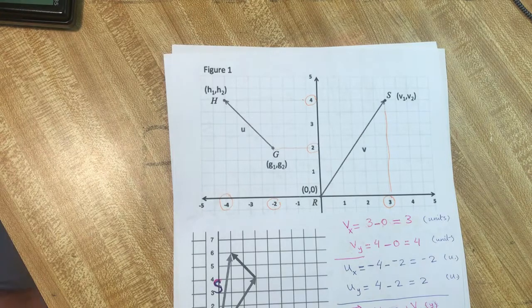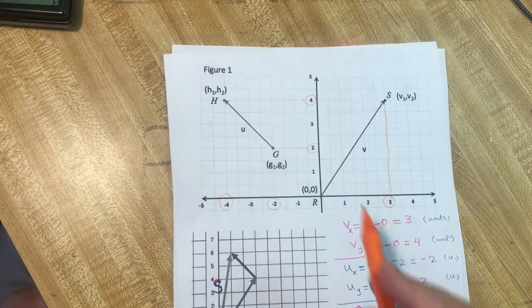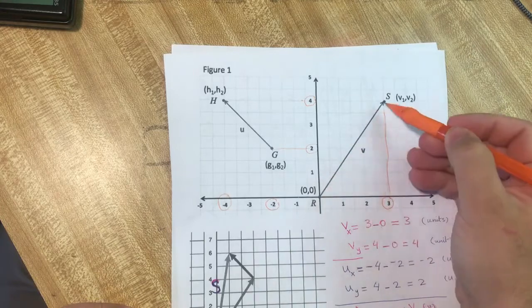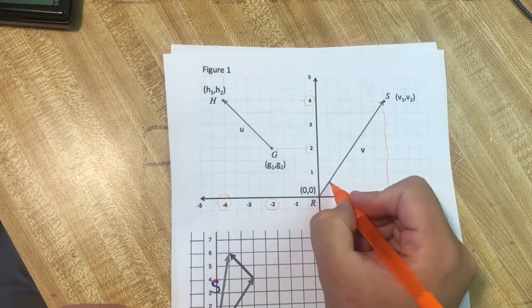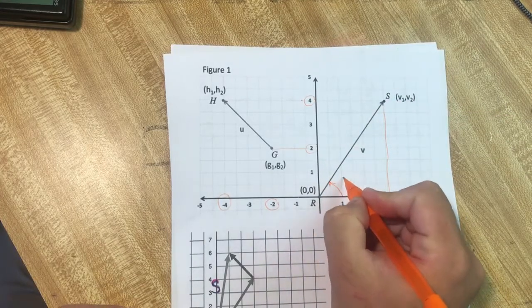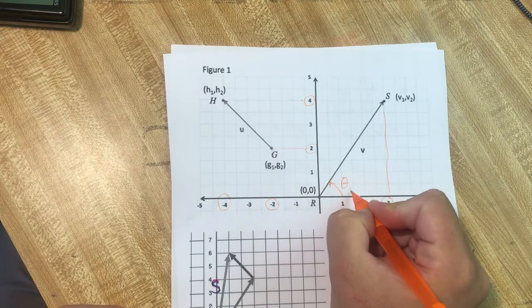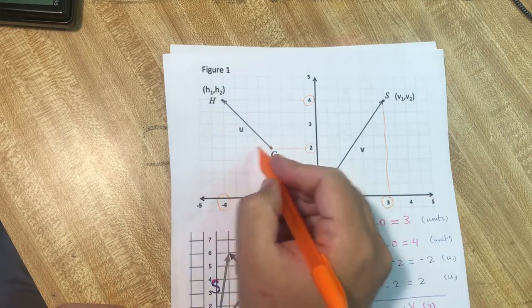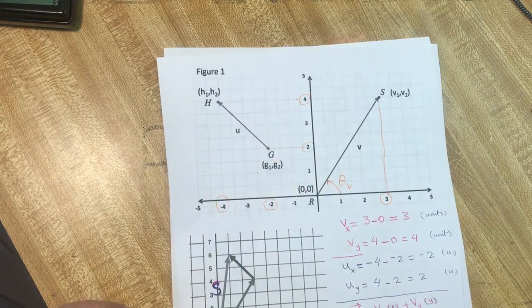Okay, now we need to know the x component and the y component of each vector. We don't know the length of the vector v, and we don't know the angle theta for v. Okay, we don't know also the angle for the vector u.